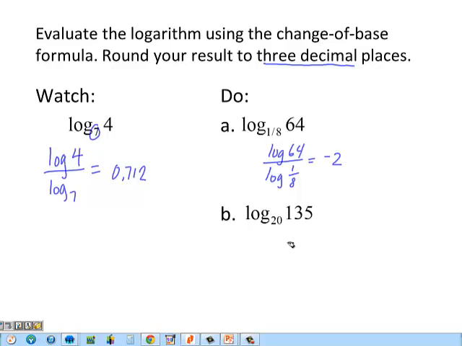And for this one, I get .637 rounded to 3 decimal places. Okay. All right. Moving on.